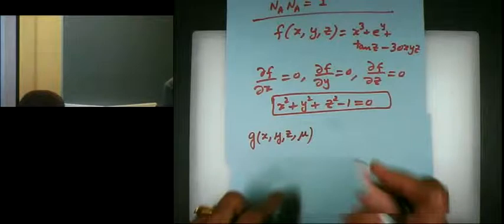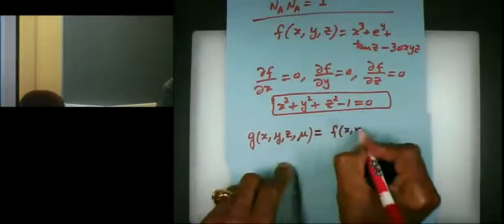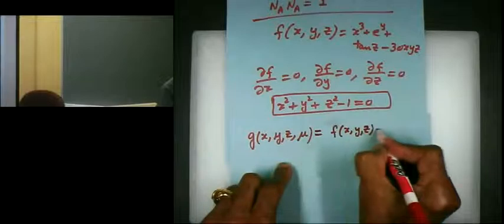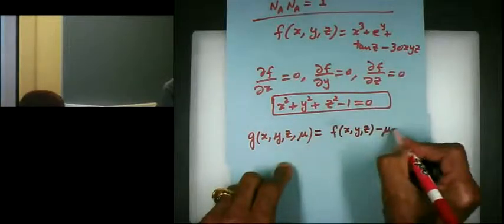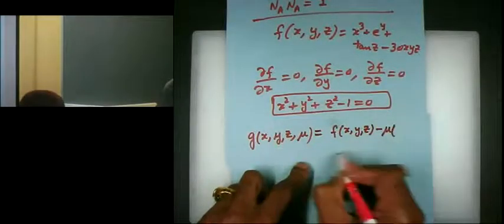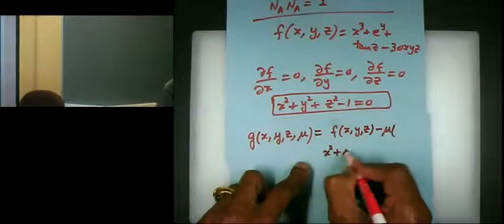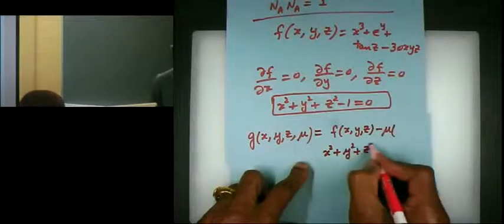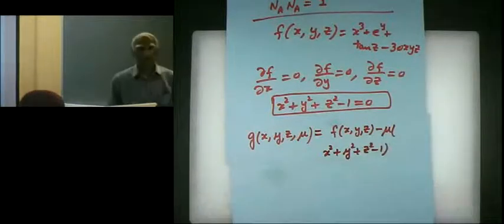So we introduce a multiplier called the Lagrange multiplier and modify the given function with mu times the constraint.